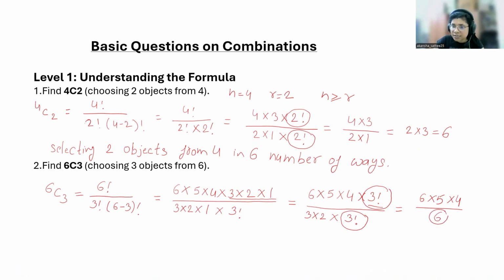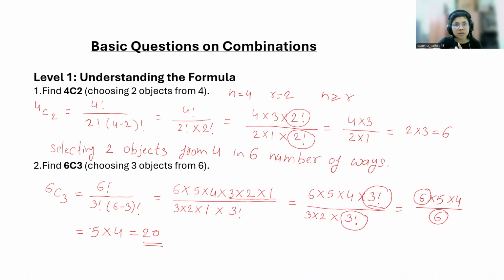And this 6 and 6 will get cancelled. So you will have 5 into 4. That means 20, right? So choosing 3 objects from 6 is 20. So you will have 20 combinations.